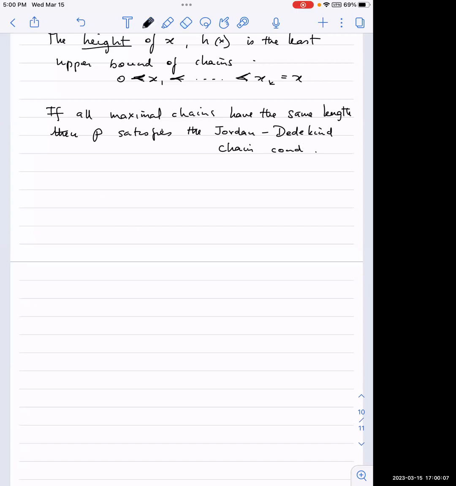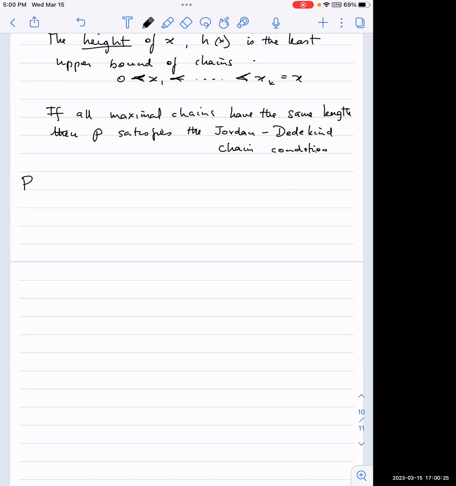So think of chains intuitively. You have a chain, you can go this way, you can go that way in the lattice, and there's a top that you can't go any further, a maximal chain.